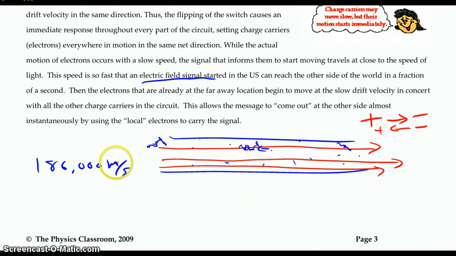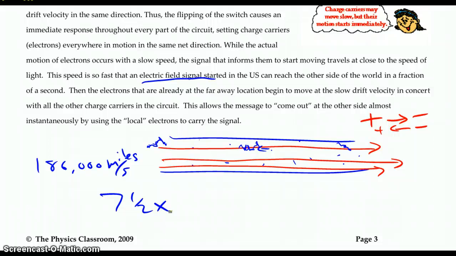That's not meters per second, that's miles. That means light can wrap itself around the Earth about 7.5 times every second. So it doesn't take very long to start a message over here in the United States and have it come out 12,000 miles away on the other side of the world. A lot less than a second, that can happen.